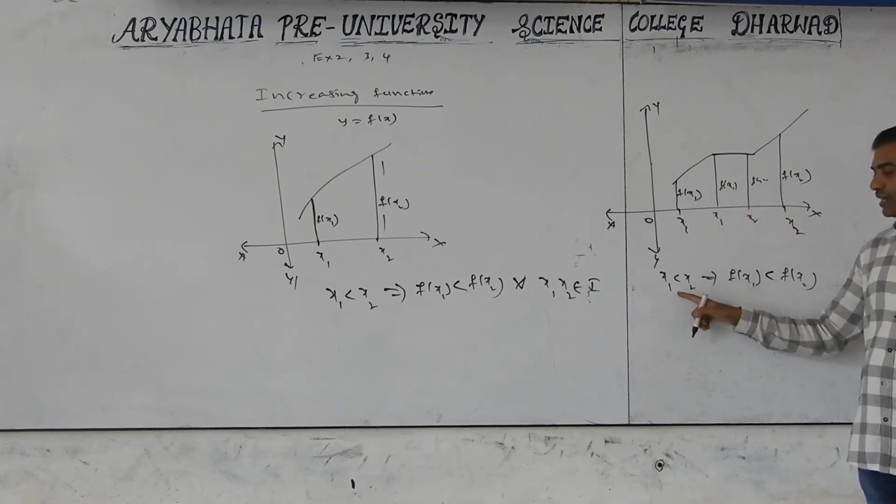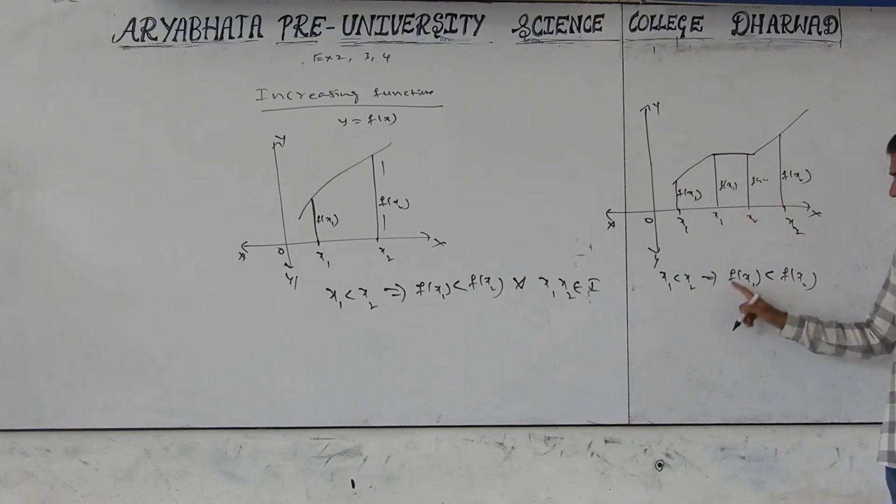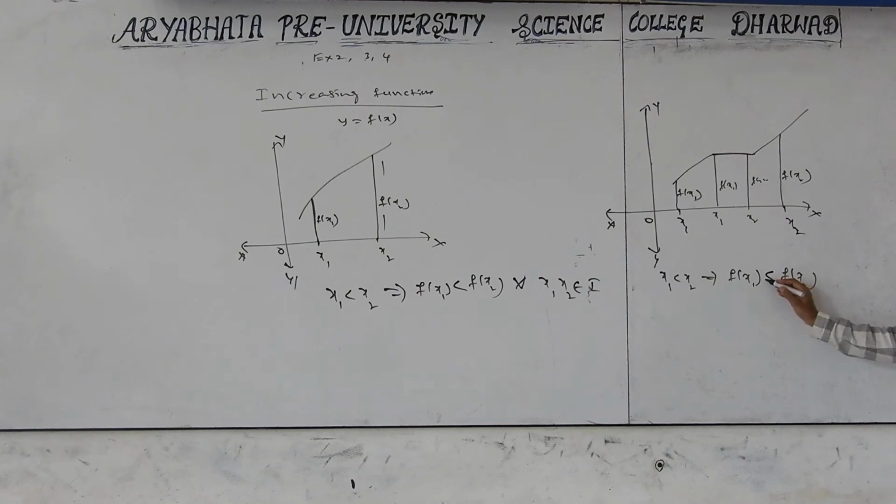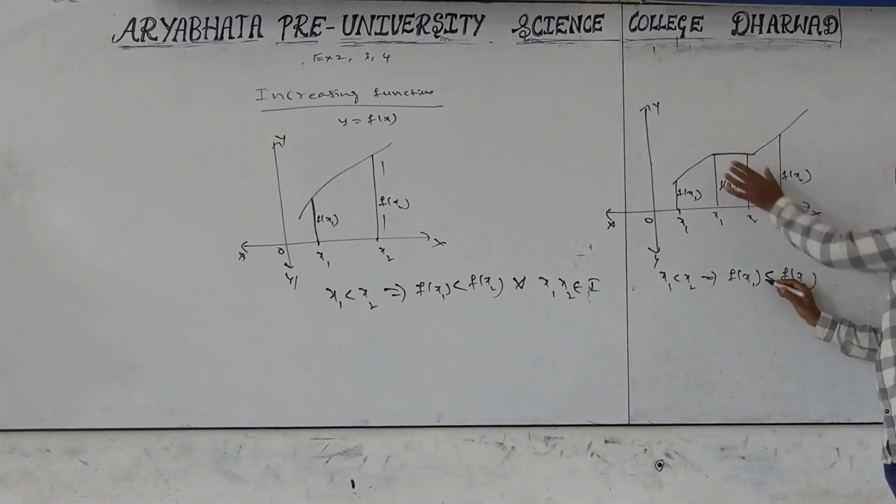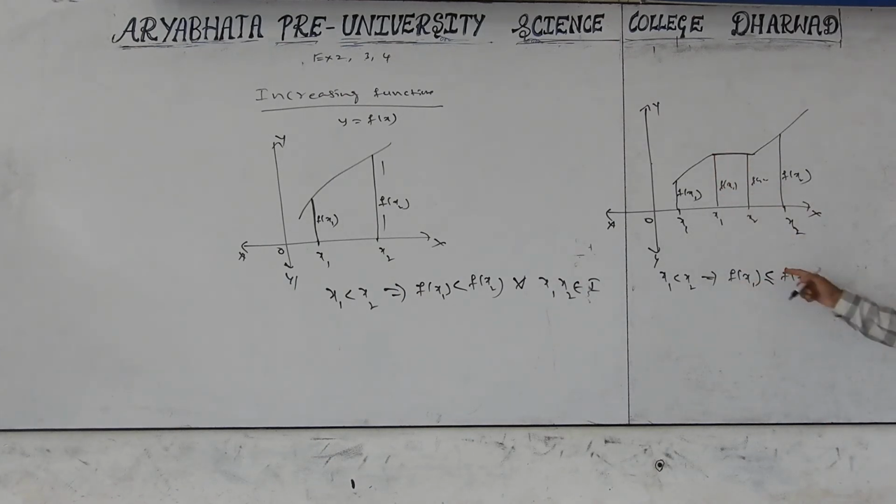That means if x1 less than x2, then f of x1 may also be equal in this case. f of x1 less than or equal to f of x2 for all x1, x2 belonging to I, where I is the domain of f of x. Then this function is said to be an increasing function.